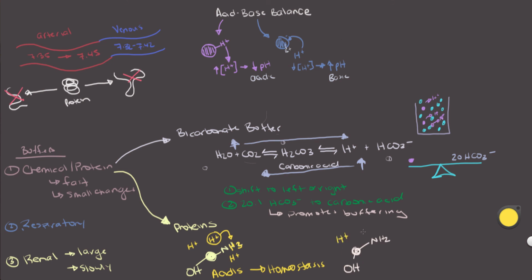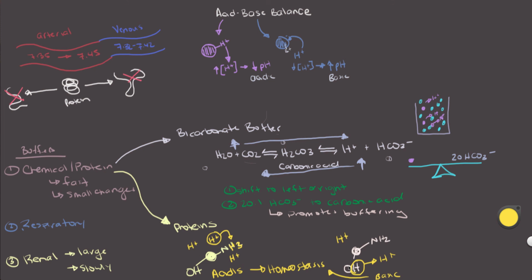So if our normal hydrogen ion concentration is 2, and we only have 1, we have a basic solution that we need to make more acidic. So what we can do is take this hydrogen ion, remove it, put it into solution, and now again, we've moved back towards homeostasis.